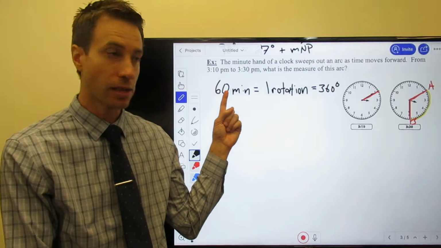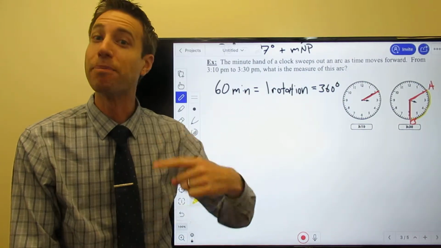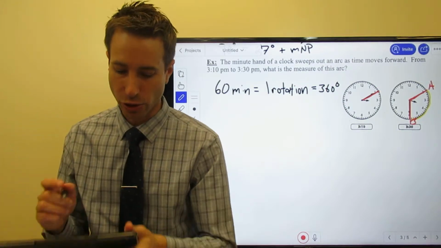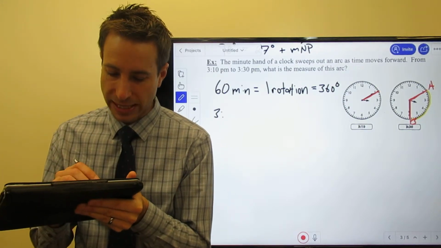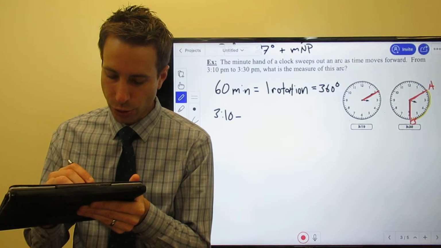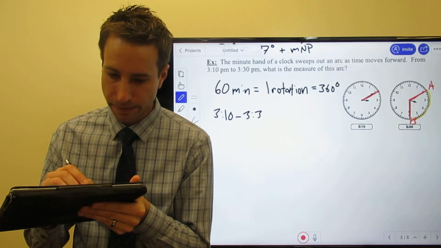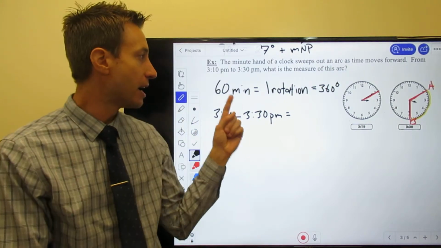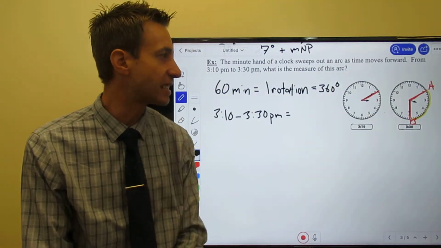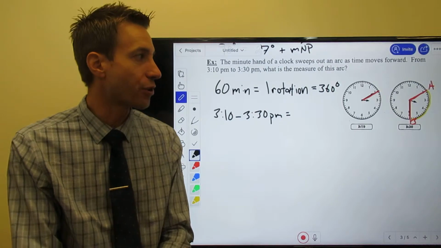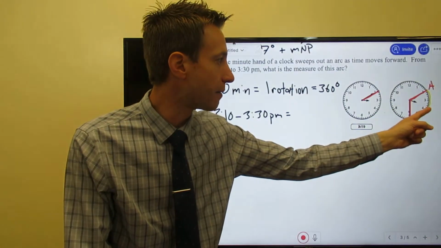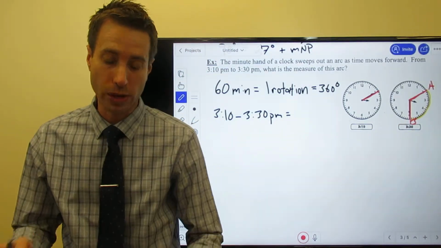Now, from 3:10 to 3:30 p.m., how many minutes is that? If one full rotation is 60 minutes, from 3:10 to 3:30, how many minutes is that? Just count: 5, 10, 15. It's 20 minutes.